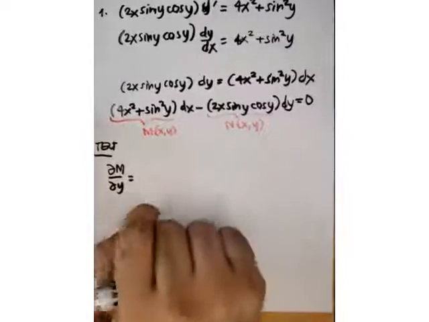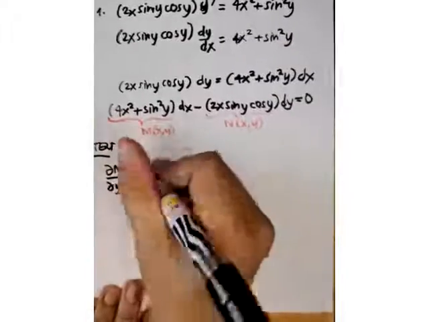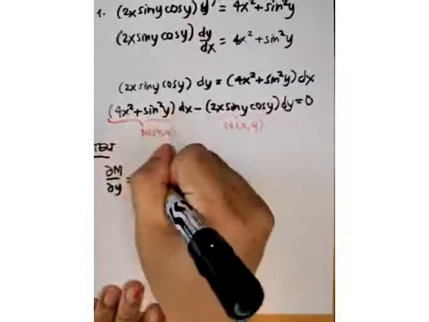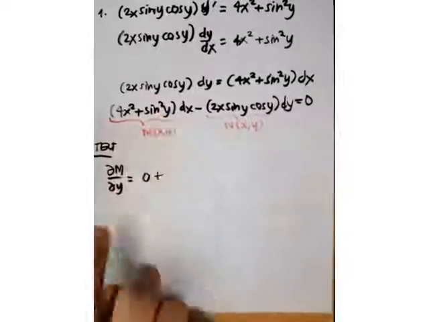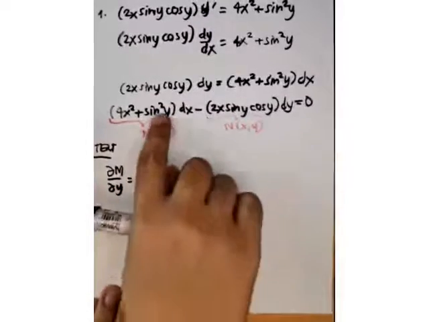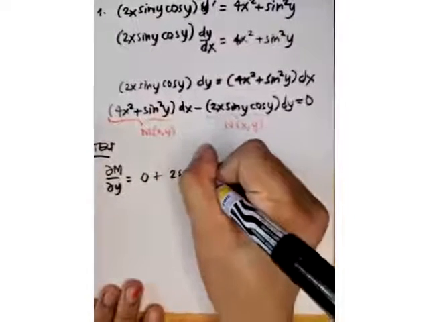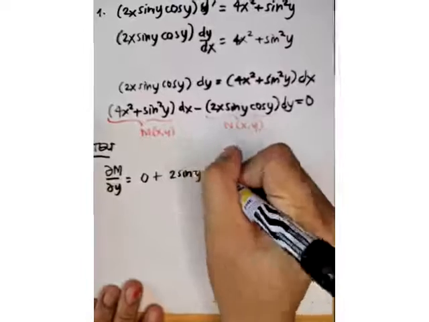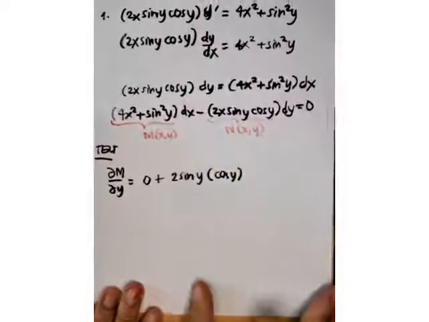So that means lahat ng x will act as constant. So yung 4x squared is a constant, so that will be 0. And then plus, anong derivative nito with respect to y? I-chain rule natin. Power rule, chain rule, trigo. So that will be 2 sine y times derivative ng sine y cosine y.